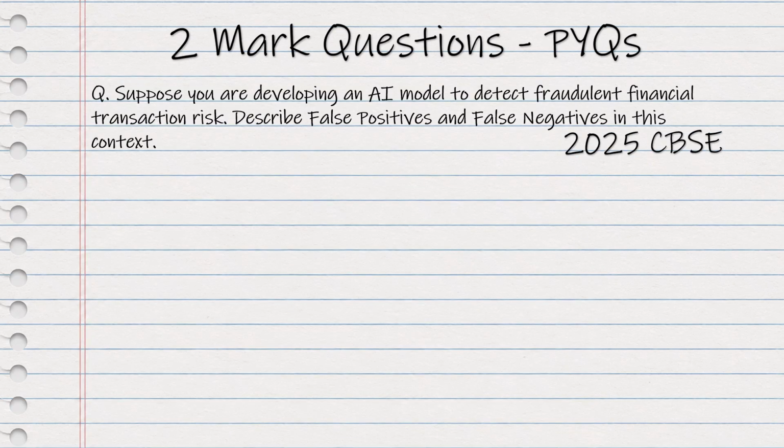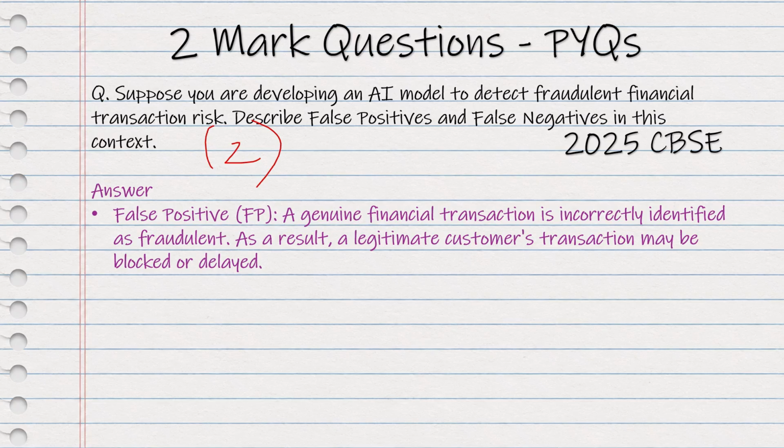Suppose you are developing an AI model to detect fraudulent financial transaction risk. Now here describe false positive and false negatives in this context. This question is also of 2 marks, 1 mark for false positive and 1 mark for false negative. So here answer is false positive is a genuine financial transaction which is incorrectly identified as fraud.